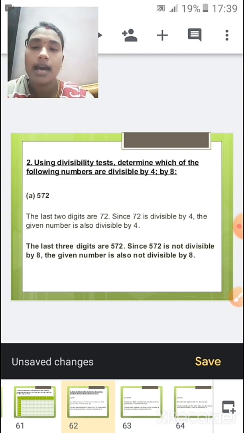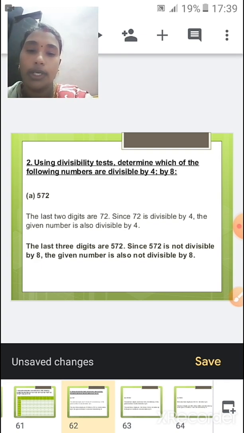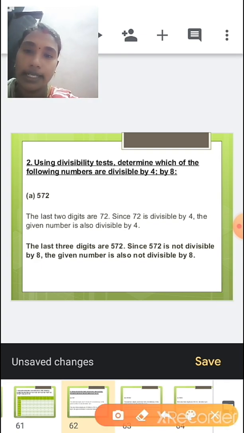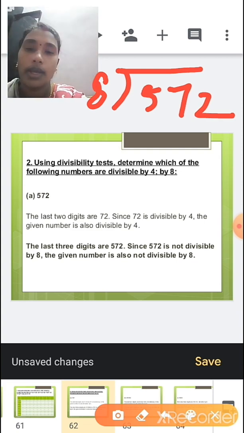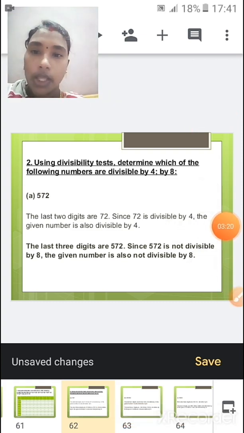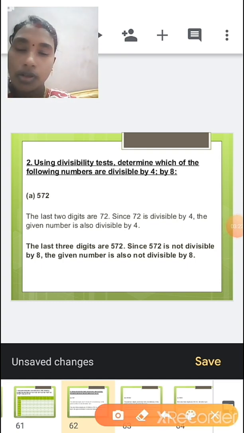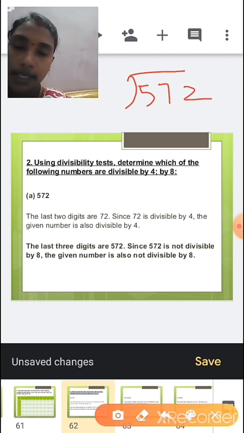So let us take the last three digits of 572. So 572 when you are dividing by 8. So 8 how many times will go in 57? 8 will go 7 times in 56.